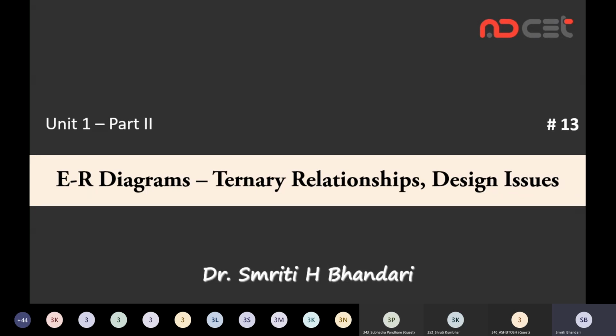Before going to ternary relationships, I would like to once again touch upon the concept that is related to cardinality. We have seen earlier in the last session how to put the constraints with respect to the mapping cardinality of the relationships. We know how to depict one-to-one relationship, one-to-many relationship.